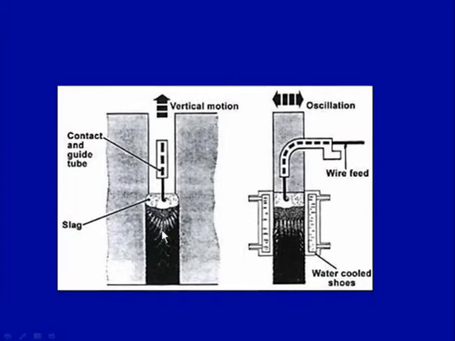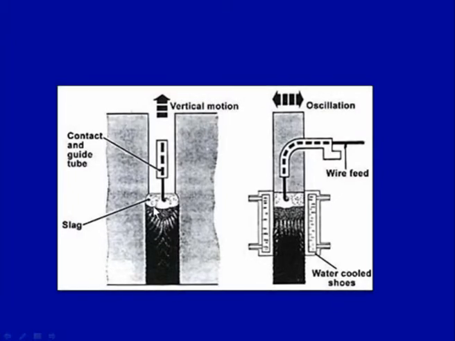So, as soon as the weld is completed in one location, these copper shoes are moved in upward direction, and this upward movement will be completed only when the weld joint is completed in the entire length of the plates to be welded.